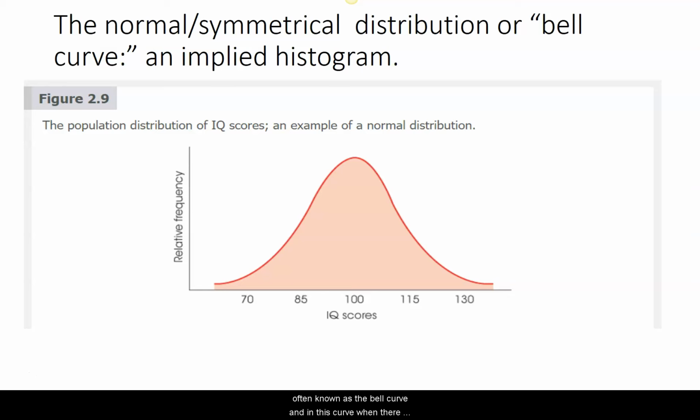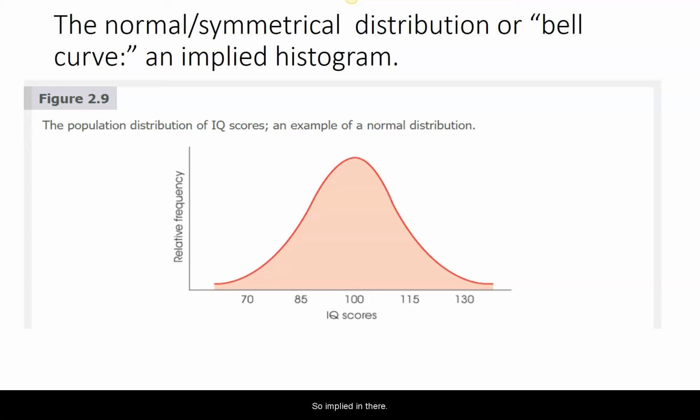And in this curve, whether we're talking about IQ scores or needles on evergreen trees or heights or weights of people or body temperatures, it is generally normally distributed, which means there are a lot of scores around the mean, and that's what we show there with the relative frequency, and then very few out in extremes. So with IQ scores, of course, there are very few scores at 130 and very few scores at 70, which are plus and minus 2 standard deviations from the mean. Conversely, there are a lot of scores that are packed in toward the center.